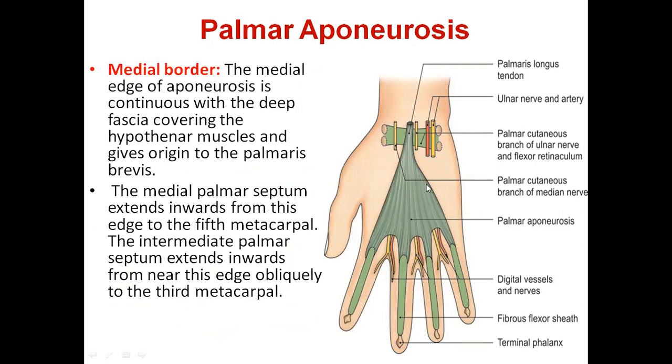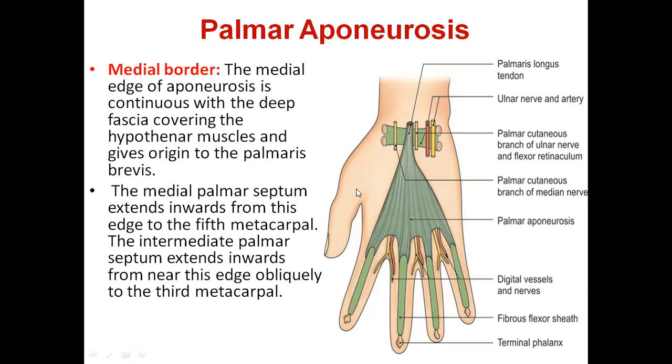Then the medial palmar septum, actually it is extending inwards. That means if you cut and reflect and see, just below this medial border there will be one septum going inwards from this edge to the fifth metacarpal bone. Then the intermediate palmar septum extends inwards and near its edge obliquely to the third metacarpal. See how do you count?